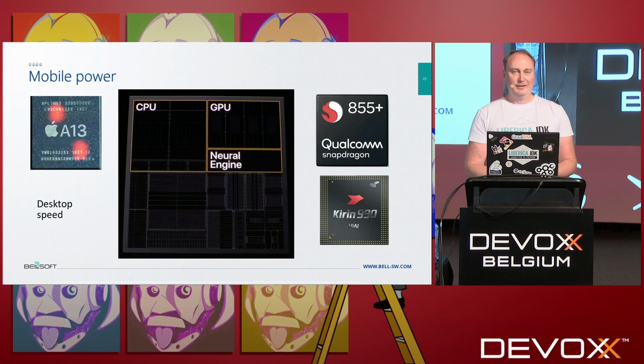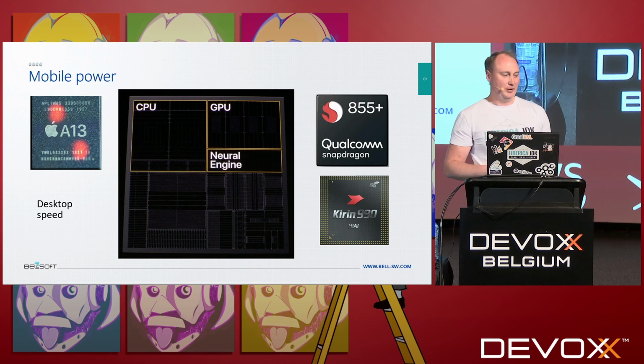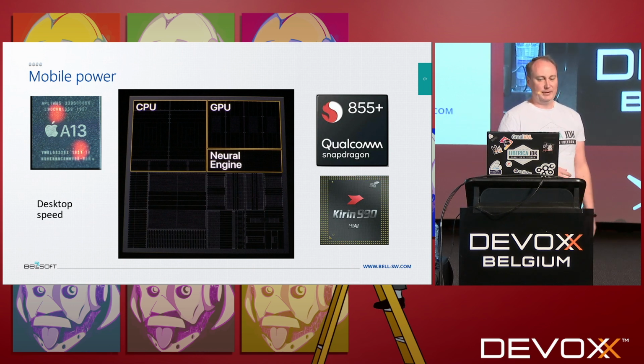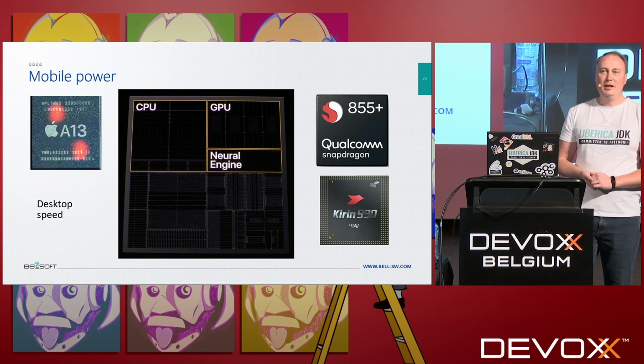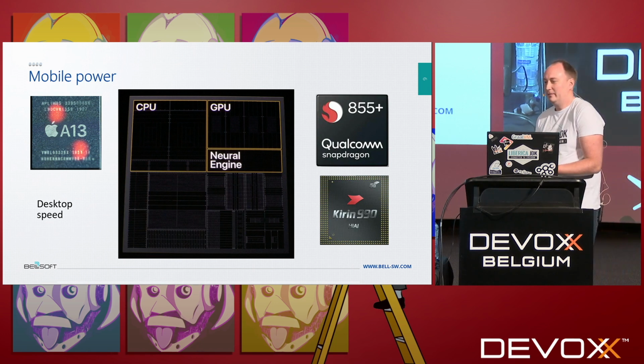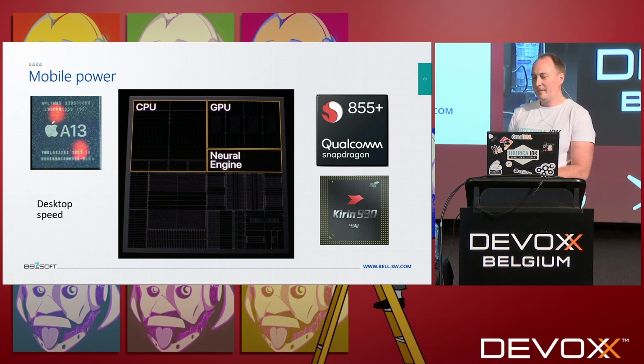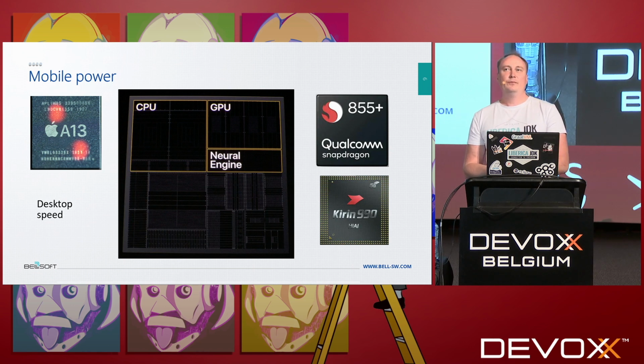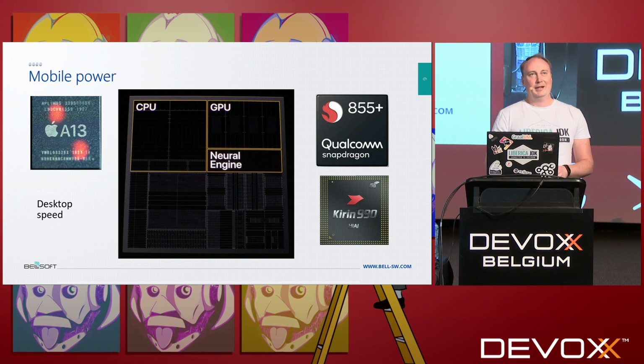And those devices nowadays are really powerful. If you look at top mobile chipsets nowadays, they are as powerful as desktops, in fact. You can even buy a laptop which will be ARM-based. It's just a commodity product, and there are constant rumors about ARM-powered MacBooks.